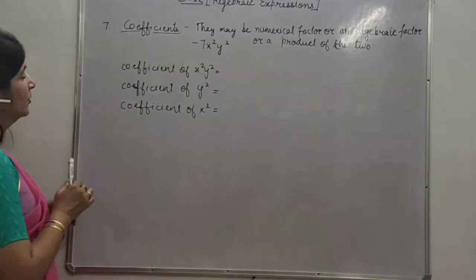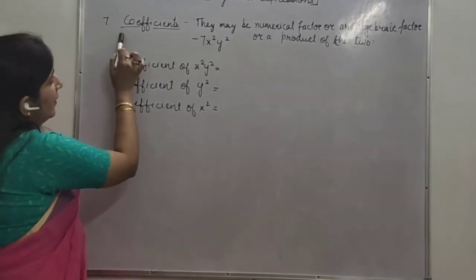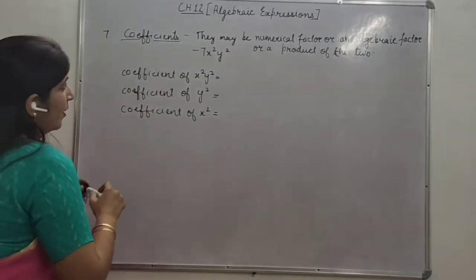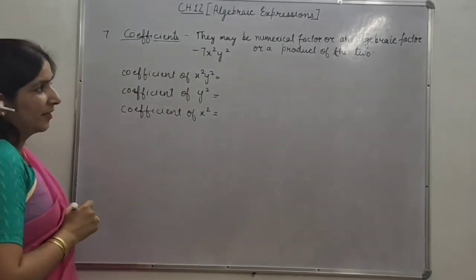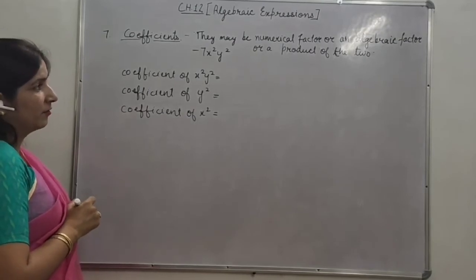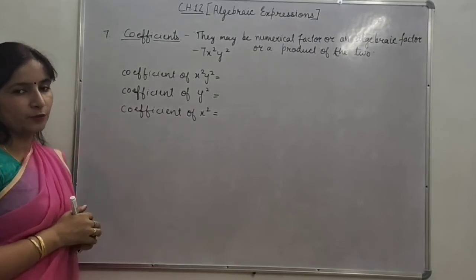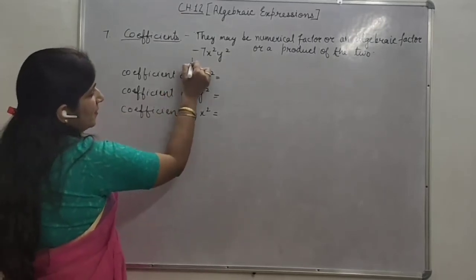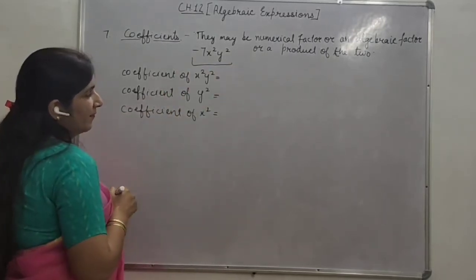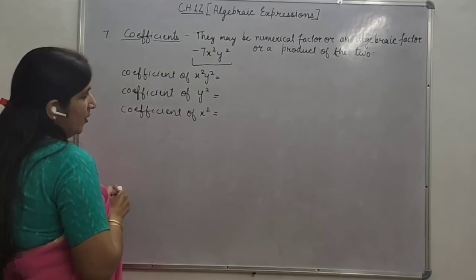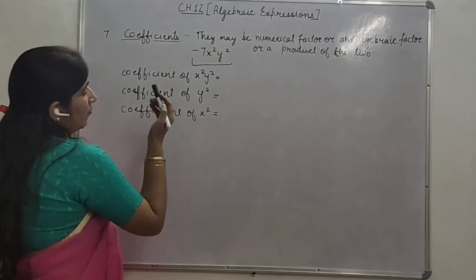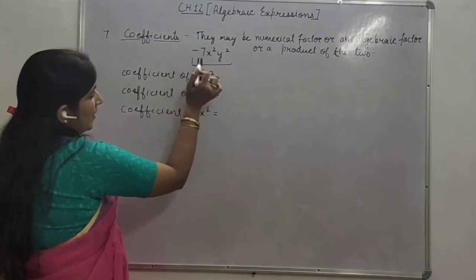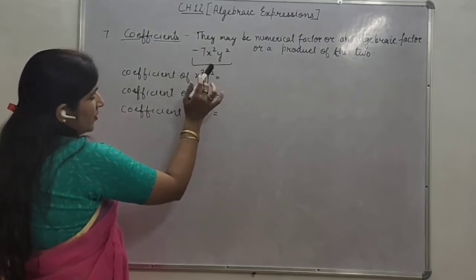Now students, let us understand the term coefficients. What are coefficients? They may be the numerical factor or an algebraic factor, or they can be the product of the two. How? Let us understand. Let us consider this term. This term is minus 7x square y square. Now, in general, sometimes we say that the coefficient is always a numerical factor, but it is not always true.